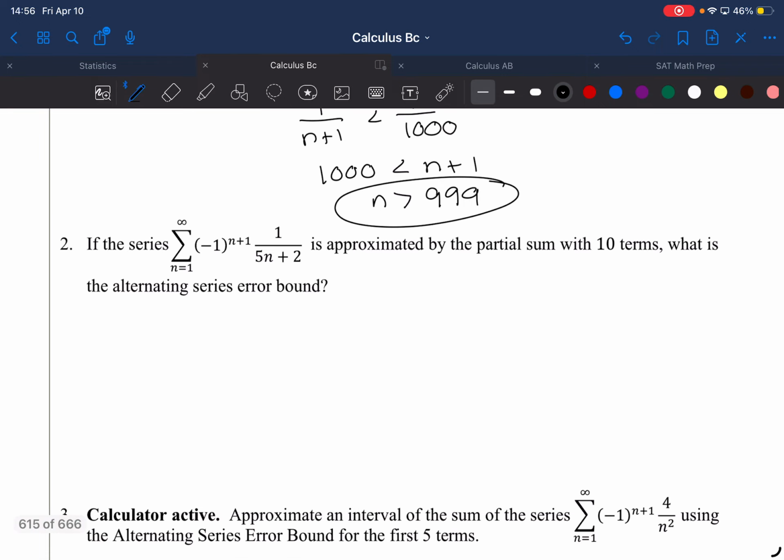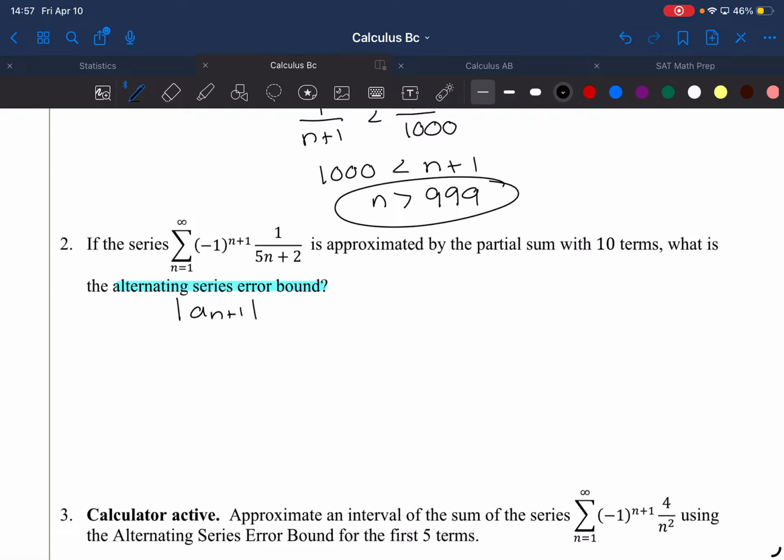Number 2 says if the following series is approximated by the partial sum with 10 terms, what is the alternating series error bound? Anytime you see this, alternating series error bound, this is the absolute value of a sub n plus 1.